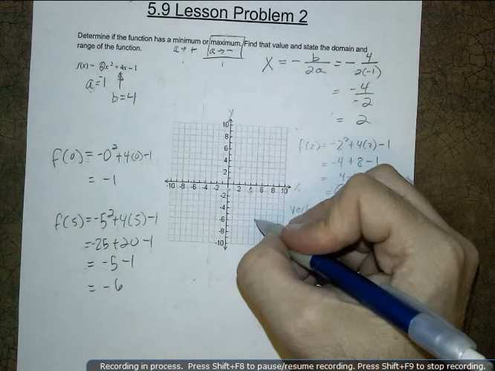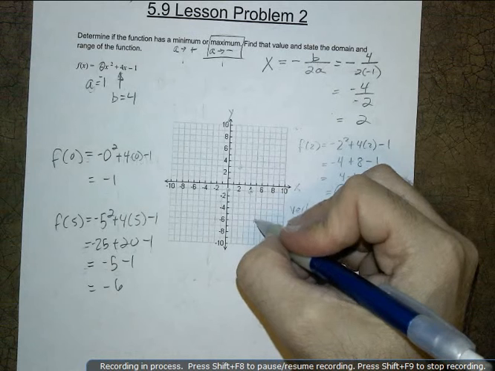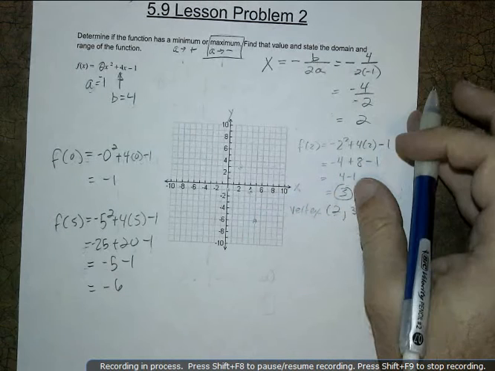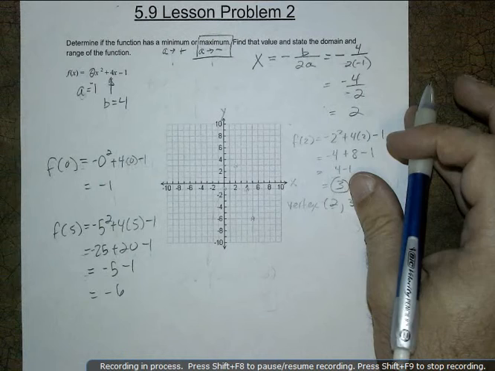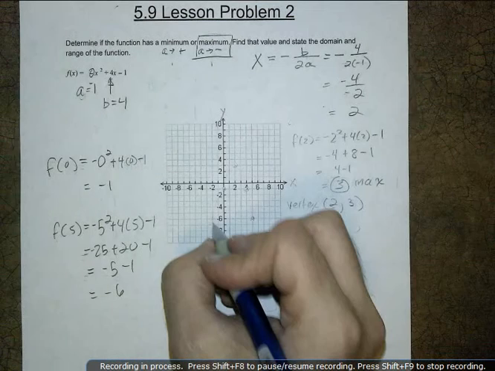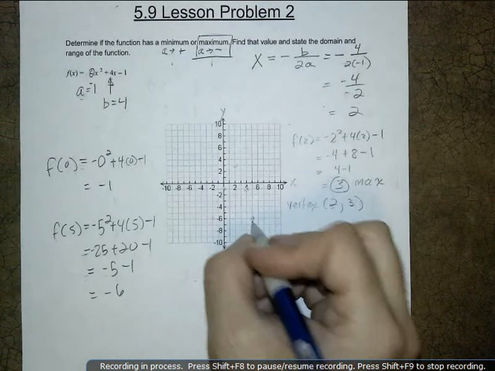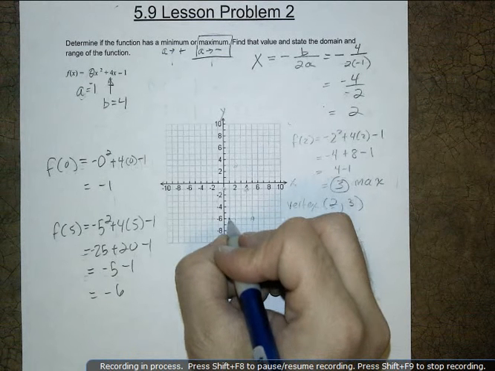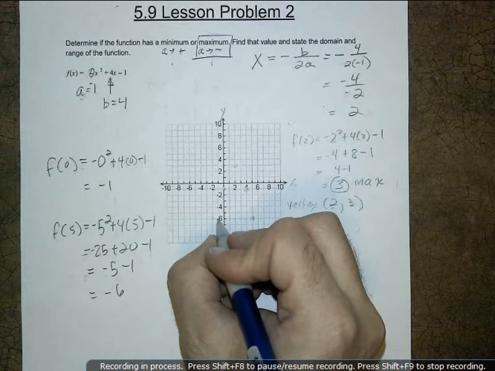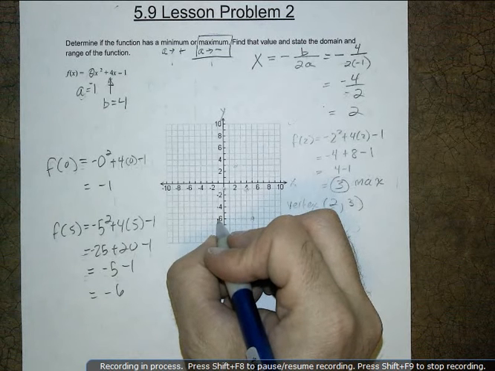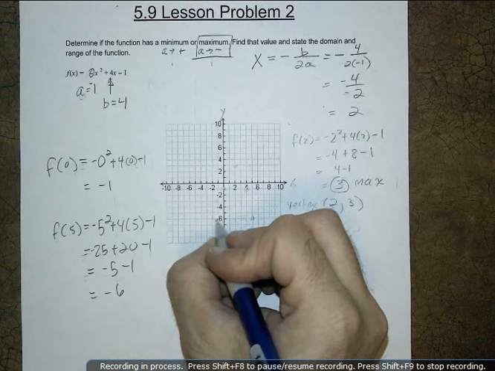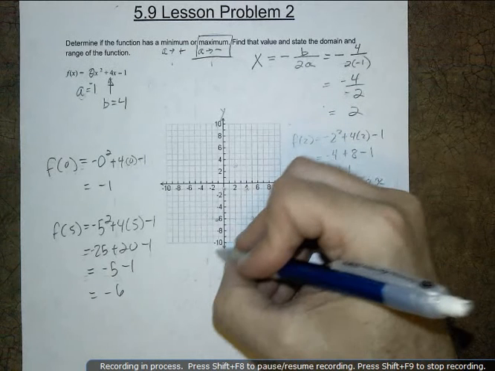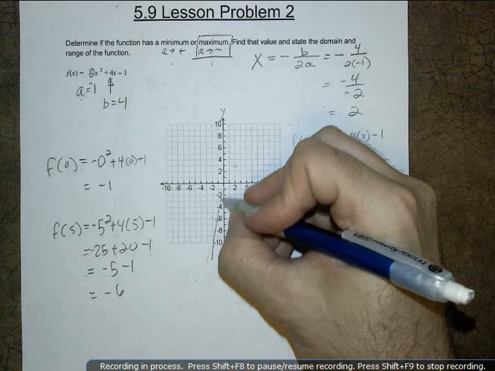Don't need to make my points quite so big. Yeah, I probably should. So that point is 1, 2, 3 away from the vertex to the right. So if I go 1, 2, 3 away to the left, at -1, -6, and then we're going to connect up through the vertex, back down.